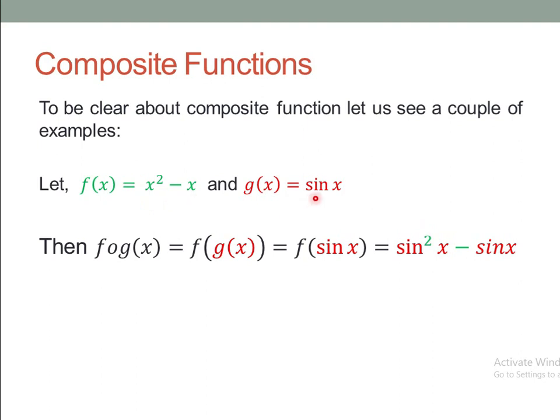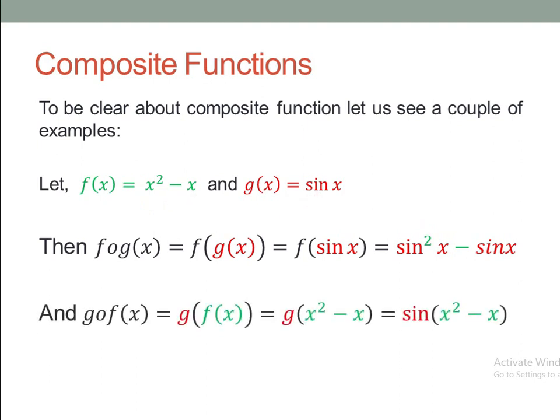Now we take g of f. What to do with g of f? G of f is a function where f x will be acting like an input. Here we have put f of x in g, and what is the value of f of x? X square minus x. Now x square minus x is the input of g.